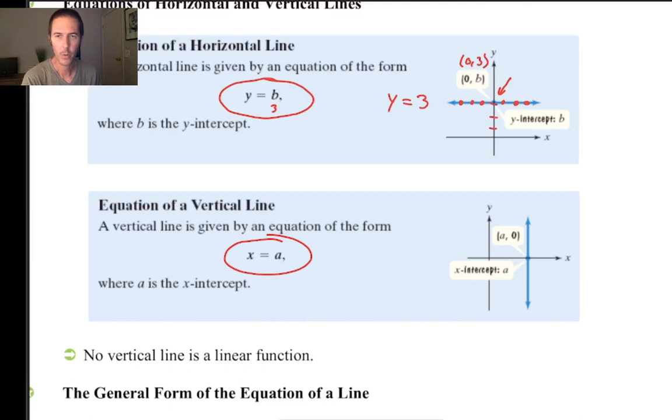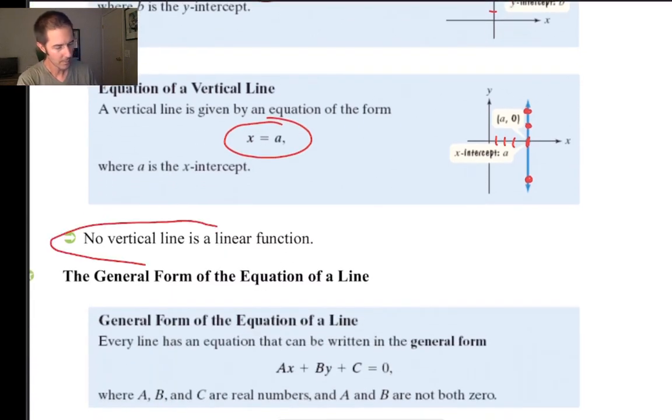And we could go through all of those same motions describing why x equals 4, for example. 1, 2, 3, 4. This point has an x-coordinate of 4, this point has an x-coordinate of 4, this point down here has an x-coordinate of 4. So it makes sense why x equals a number is the best way to describe mathematically a vertical line.